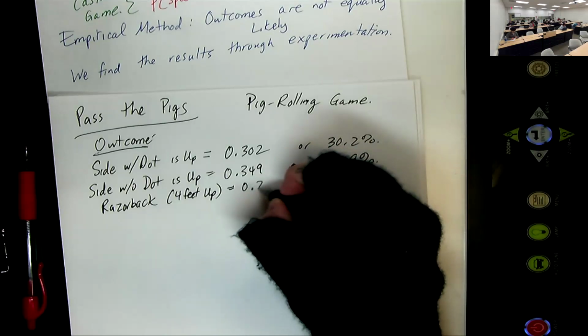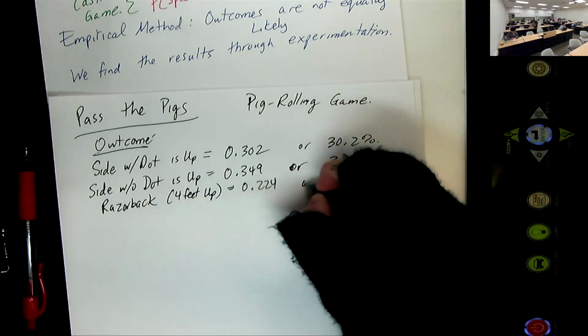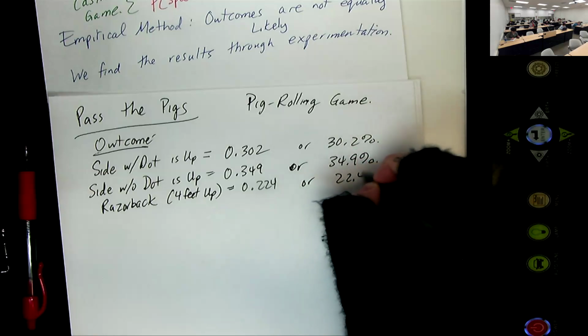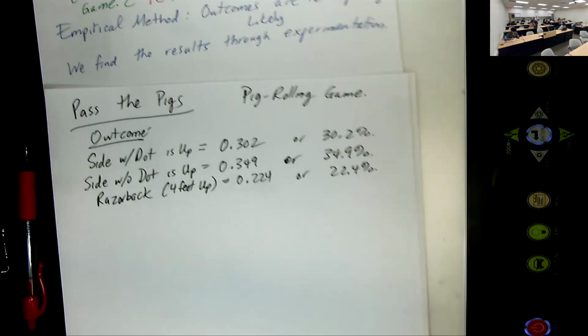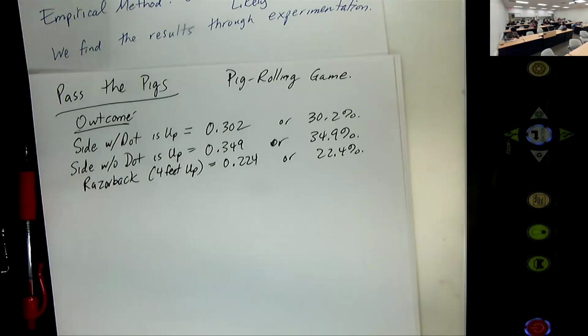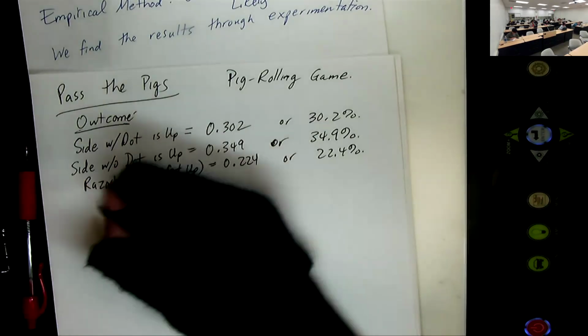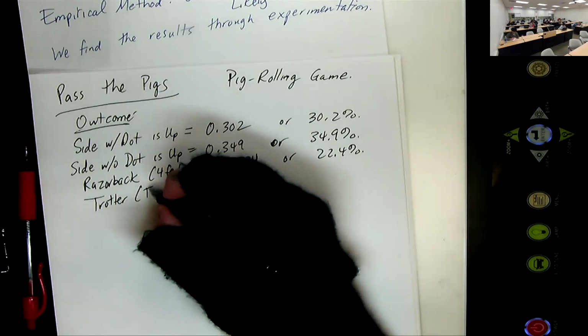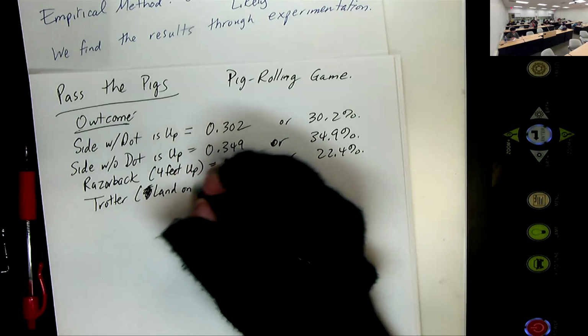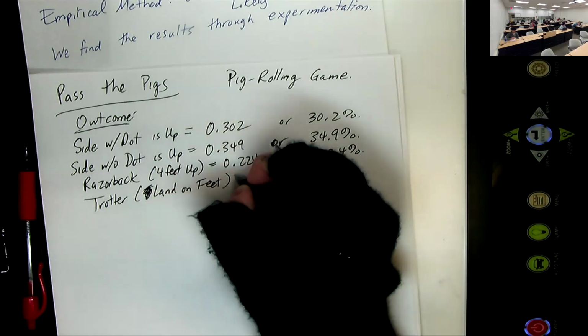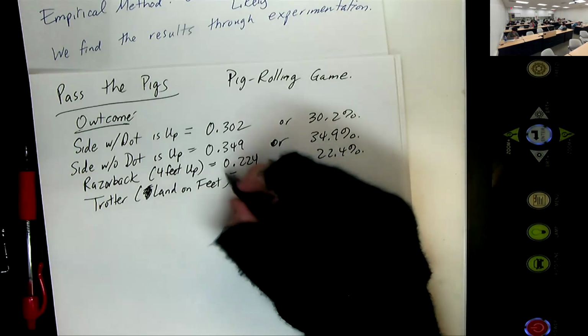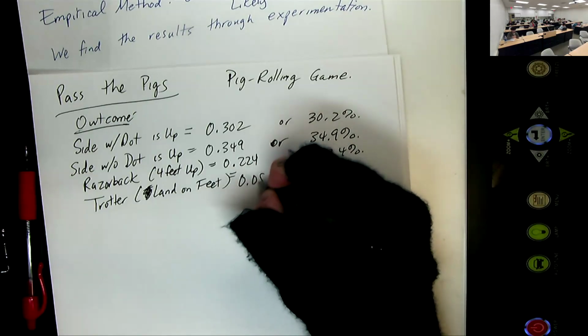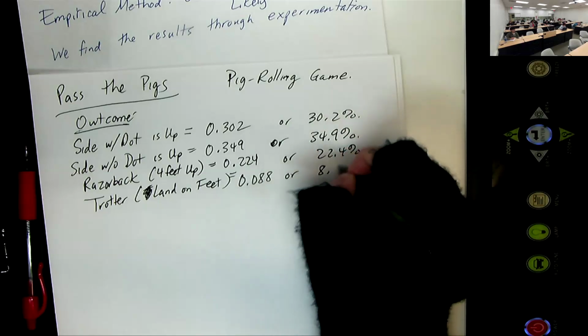Happens more often than you would think, 0.224 or 22.4%. A trotter is when they land on their feet. And this happens 0.088 or 8.8% of the time.